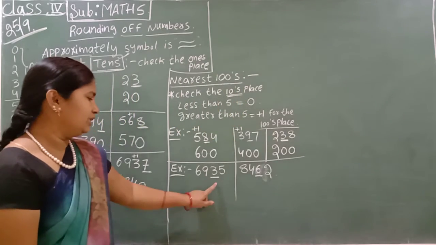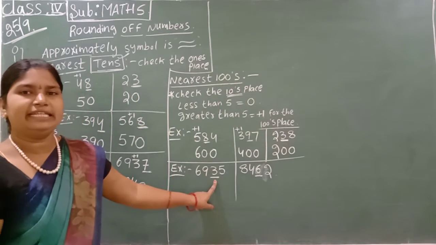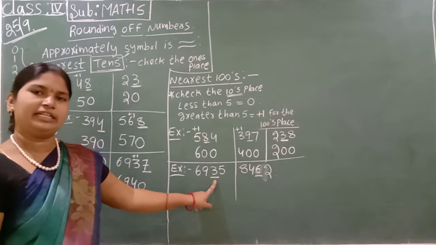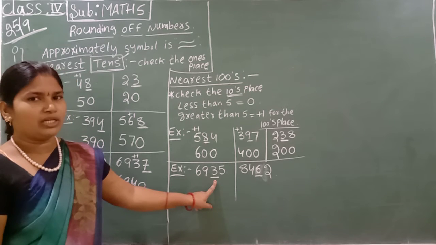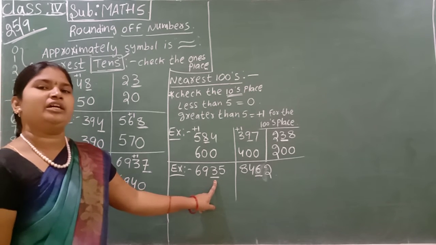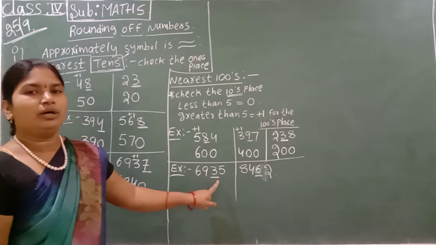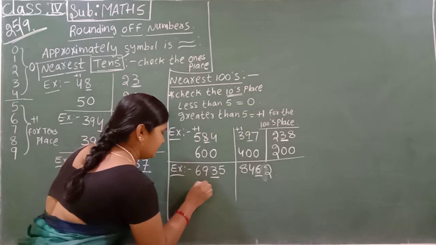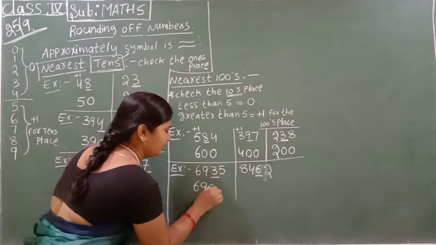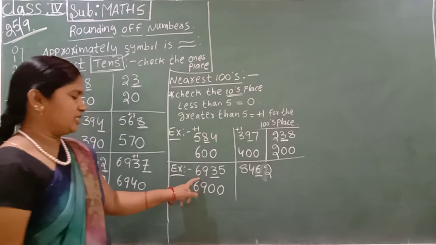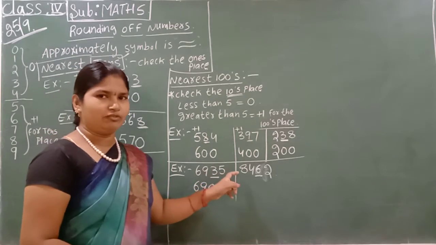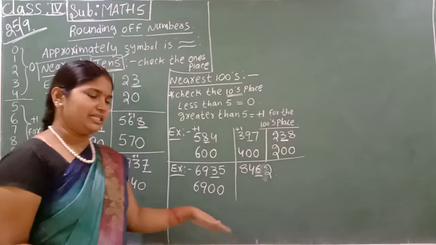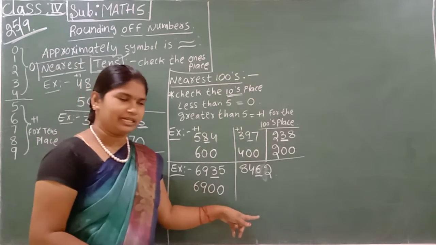Okay. Here 3 is less than 5 or greater than 5? It is small number or big number? Small number. So, keep directly 0. 6, 9, remaining two numbers 0, 0. 6935, nearest hundred is 6900.